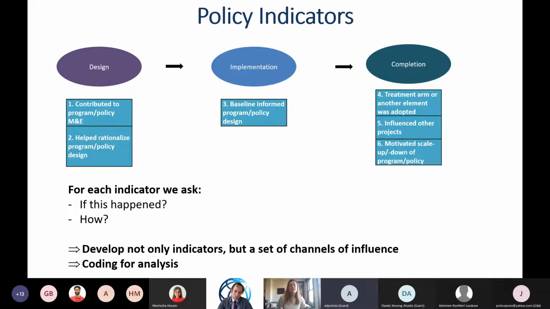And so it's indicators, but it's also the channels of influence, right? What are the different ways in which we can improve things? And then based on this kind of qualitative, a bit abstract work, we actually will code this for analysis. So we can quantify within our portfolio at DIME all the various ways that we've influenced projects and programs.